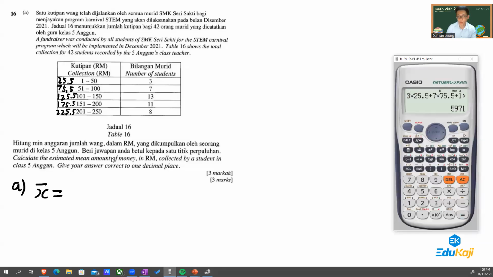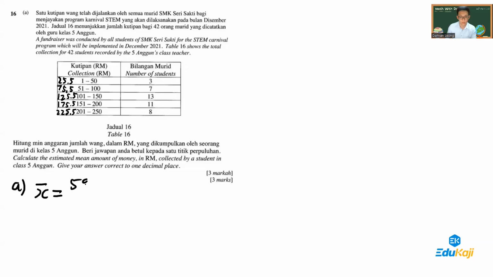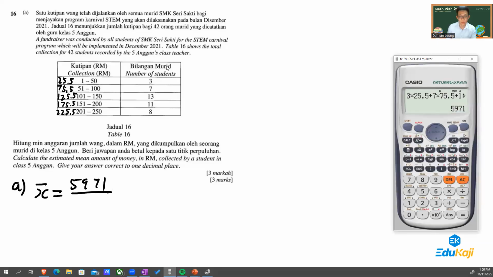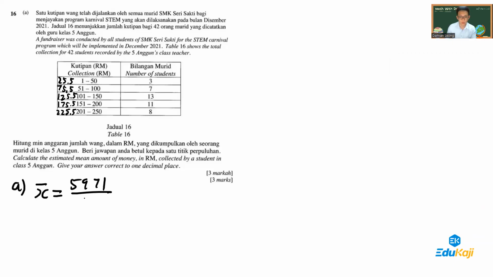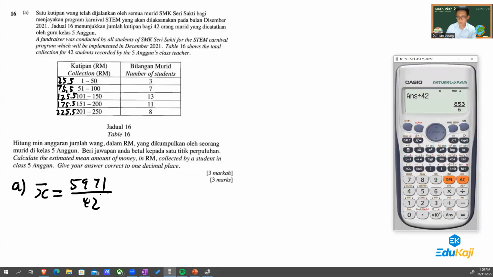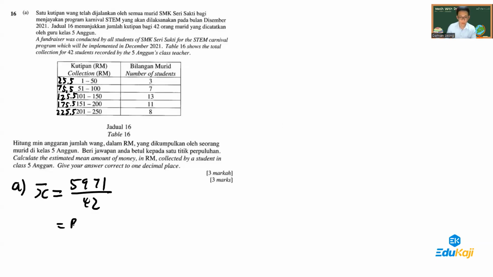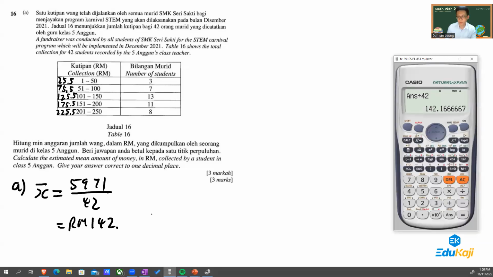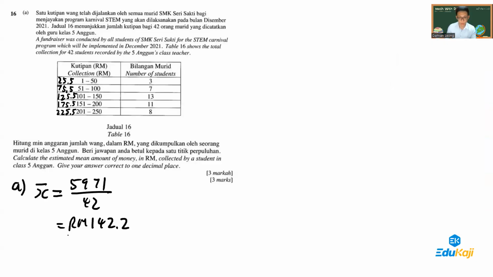So the mean is equal to 5971 divided by the total number of students, which is 42. So it's RM 142 ringgit. They say correct to 1 decimal place, 0.16, so 0.2. That's part A.